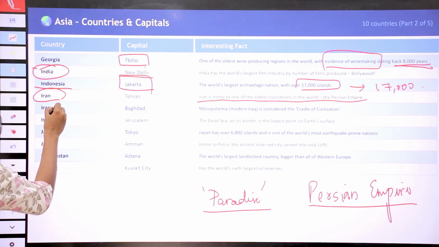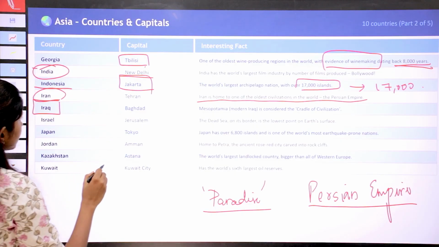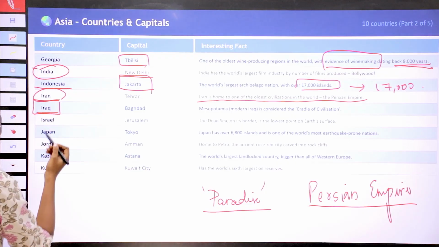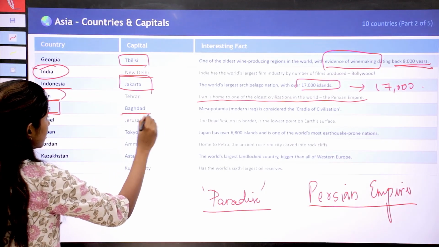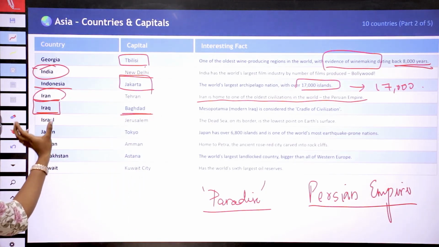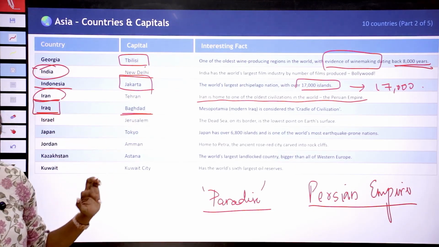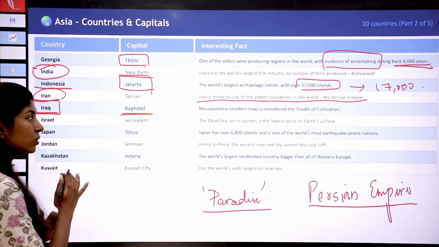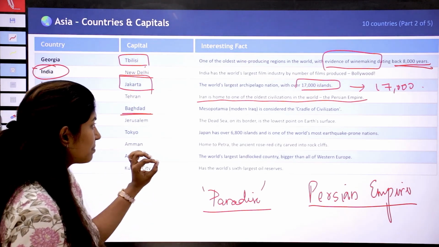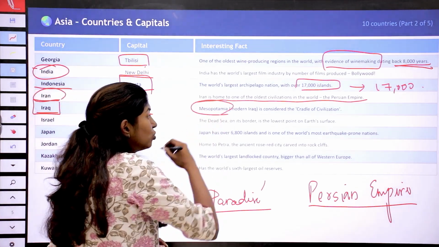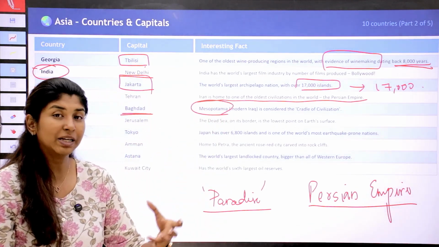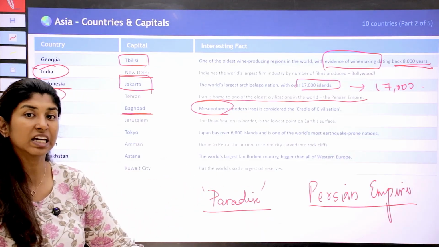Next, Iraq. Iraq's capital is Baghdad. Now, Iraq is nothing but Mesopotamia. You would have heard about Mesopotamia. For example, the Indus Valley civilization, we keep talking about in India.